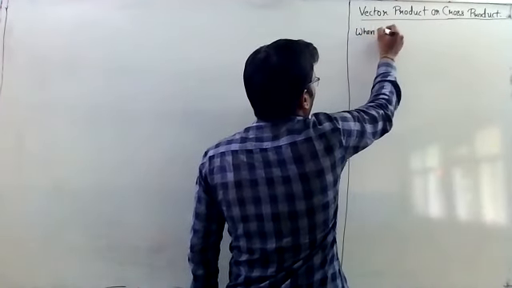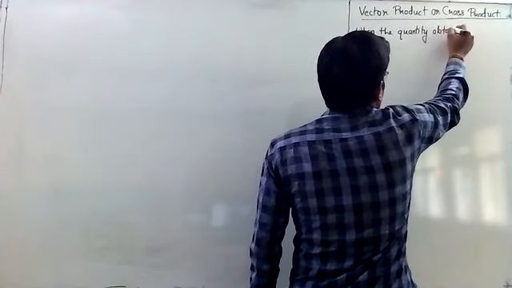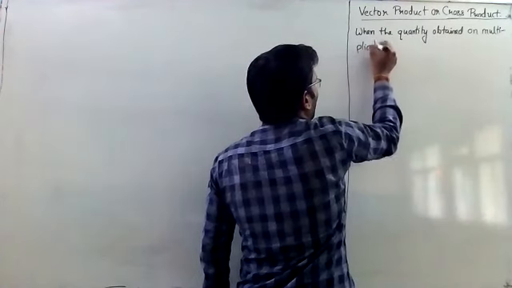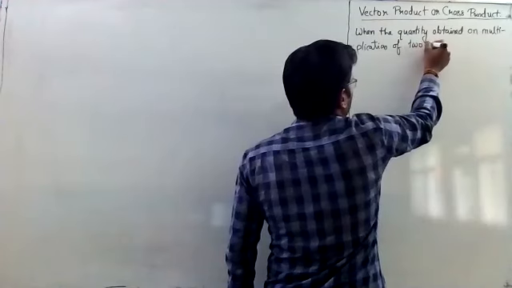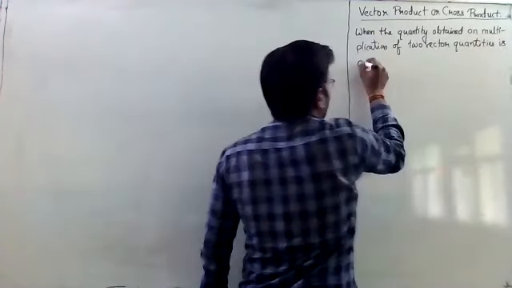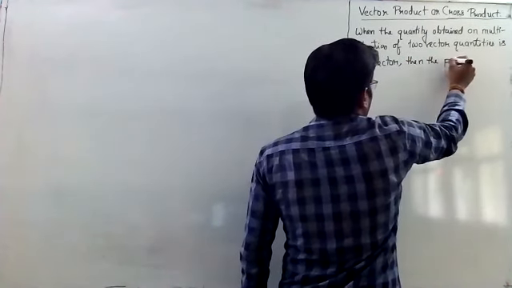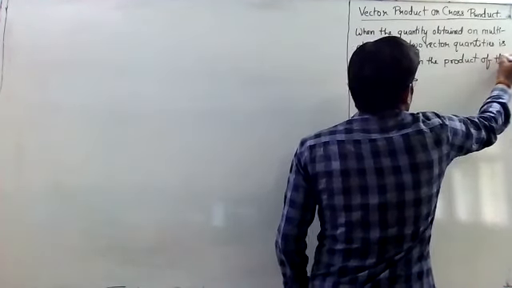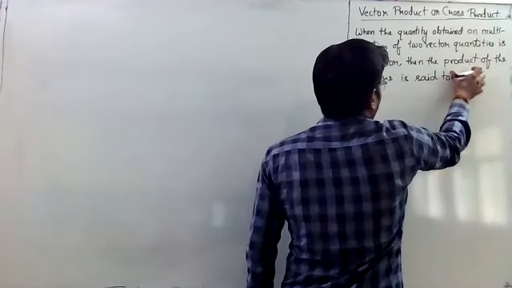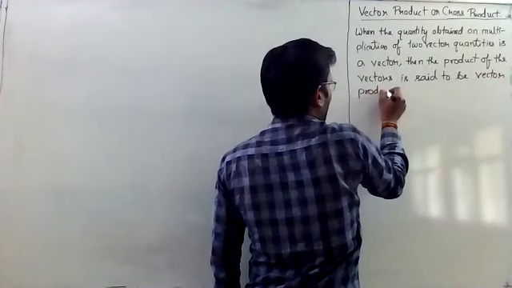So when the quantity obtained on multiplication of two vector quantities is a vector, then the product of the vectors is said to be vector product or cross product.